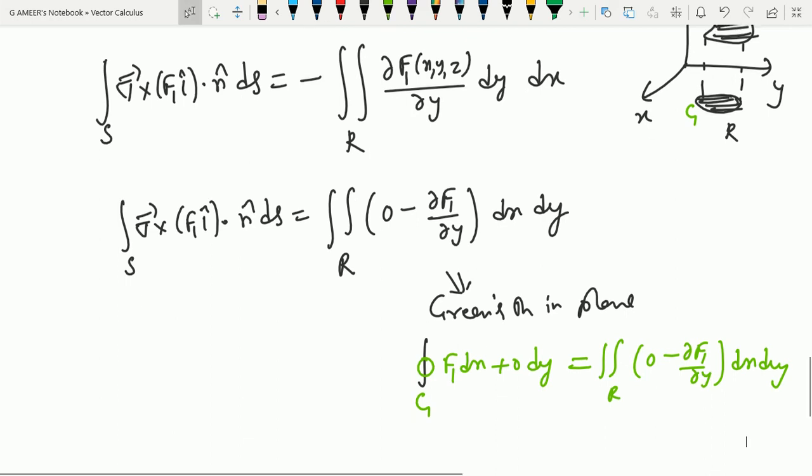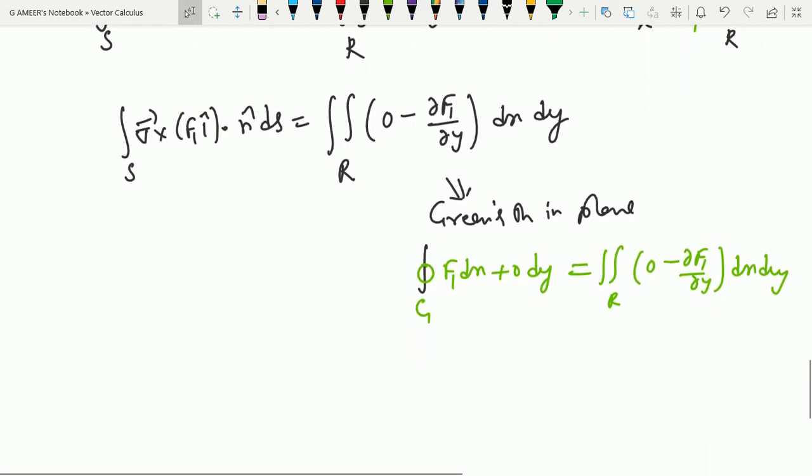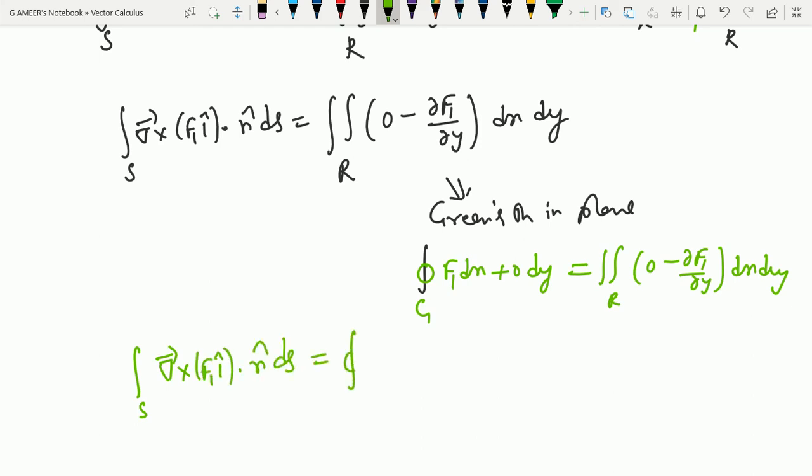So now what happens finally here? I have the surface integration of del cross f1 i cap dot n cap dS equal to the closed integration over C1 of f1 dx. But R is a part of S only. That means C1 is a part of C itself.